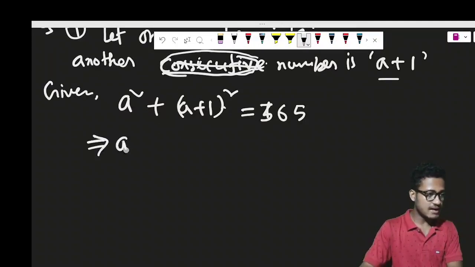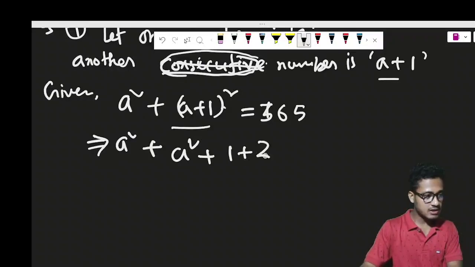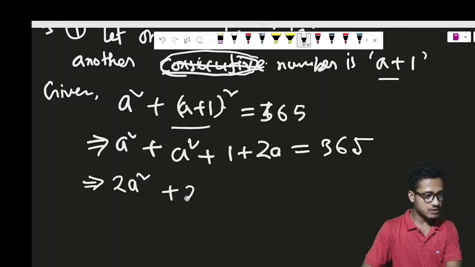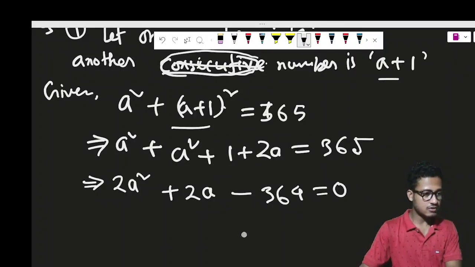This will imply a square plus a square plus 1 plus twice a is equal to 365. So twice a square plus twice a minus 364 is equal to 0.